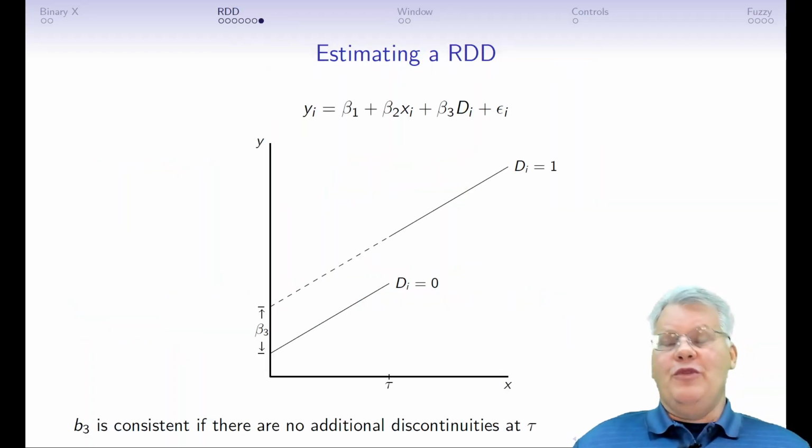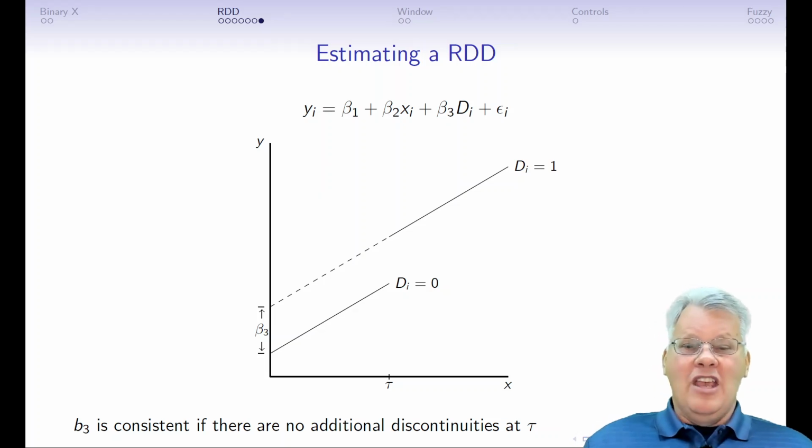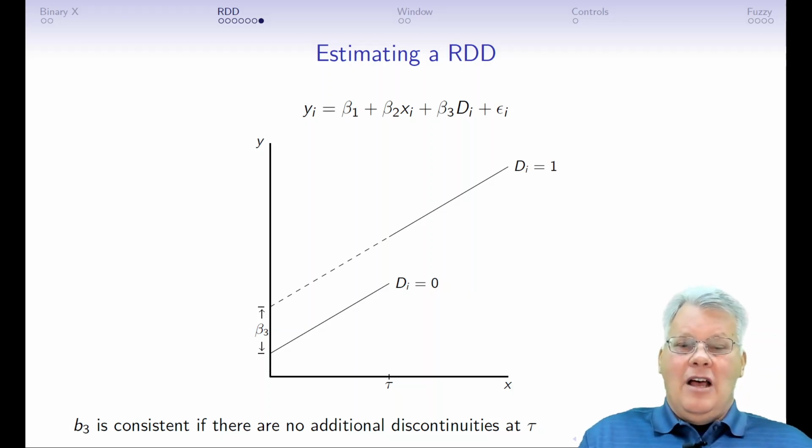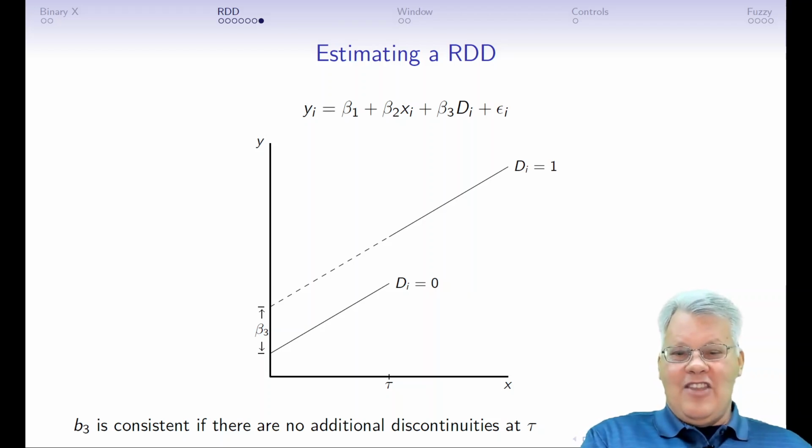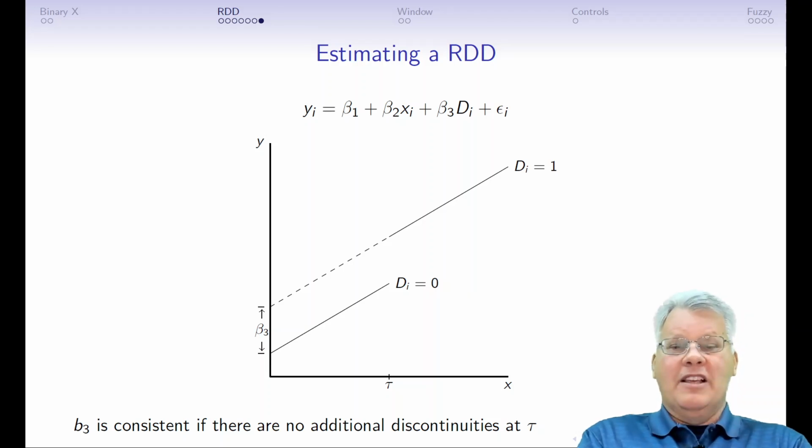So for instance, if we go back to this previous slide, you can see that if I compared the outcomes, so in this slide, the Greek letter tau along the horizontal axis is when the treatment effect is applied. What this slide is saying is that ideally what we would like to do is compare people just before tau with people just after tau, because those will be most directly comparable.